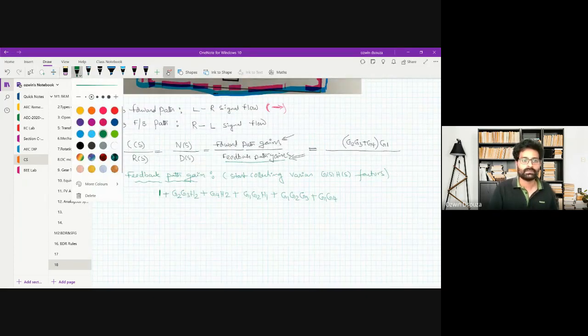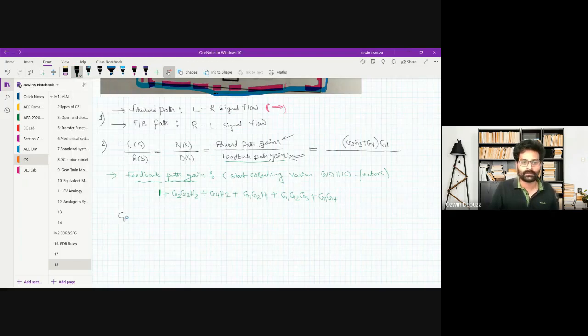So we can write now C(s) by R(s) is equal to, the numerator factor we have already written, right? So that is (G2, G3 plus G4) into G1, divided by the denominator factor, which is nothing but the feedback path gain, which we have already written over here.